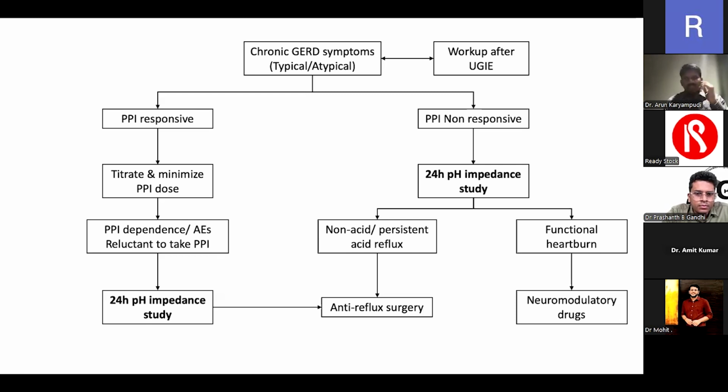In a pH impedance study, again you classify whether the patient has true reflux, or esophageal hypersensitivity, or functional heartburn, because the management totally differs between these entities. Thank you very much.